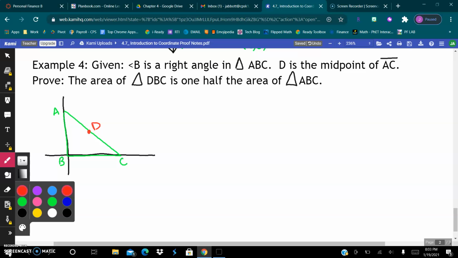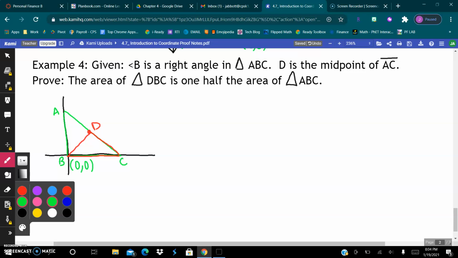And D is the midpoint of AC, so D is going to be right here. The area of DBC, so triangle DBC is right here, is 1/2 the area of ABC, so of that larger triangle. So we have to go through and prove this, but we aren't given any information. I do know that this ordered pair is 0, 0.